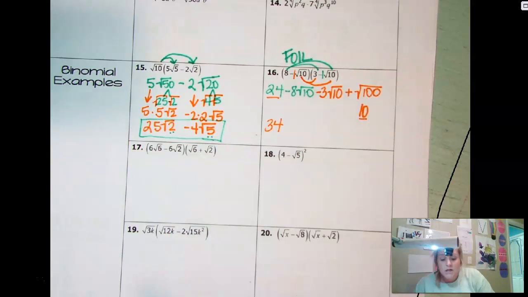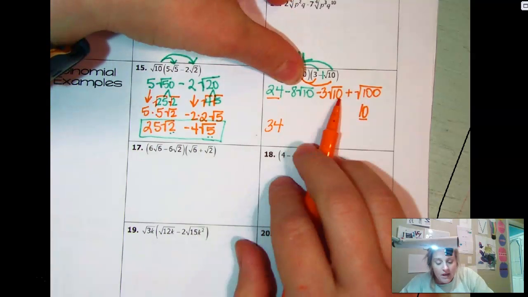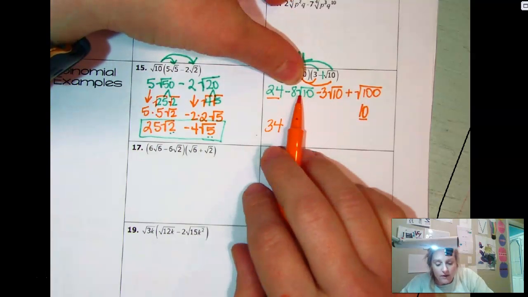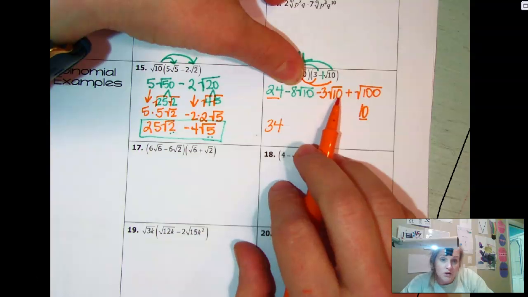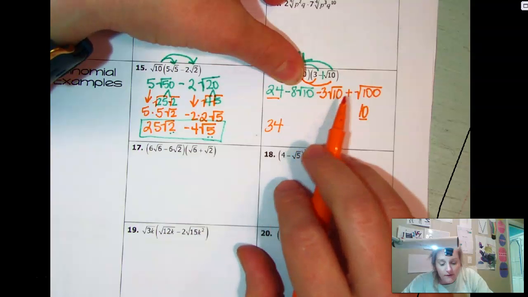Now, because we're back to our addition and subtraction rules, no longer am I multiplying, now I'm combining like terms, the ones that have the like parts. So if I look at this one, these both have the square root of 10, the square root of 10. So what I'm going to do is add their coefficients.